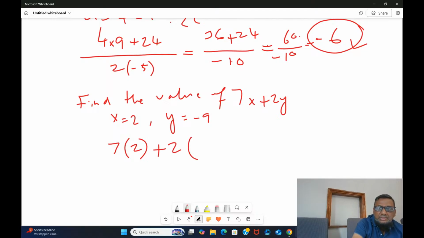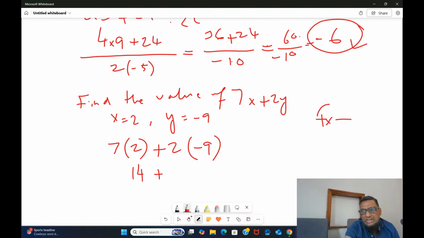So the value of y is what? 9. So 7 times 2 is 14, plus, look at this one. If you go back to the rule, when you do positive times negative, the sign is going to be changed to negative.